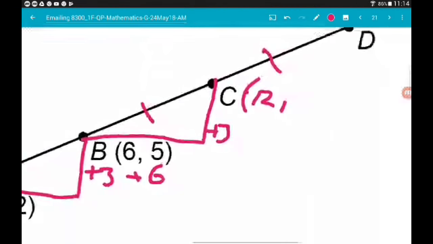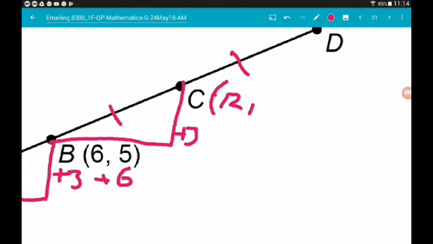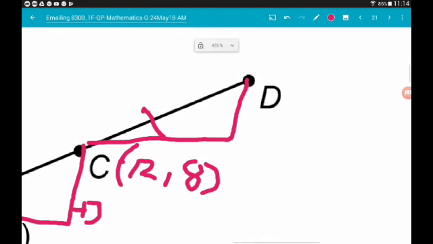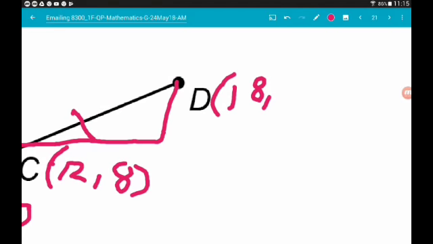So we're going to have a y-coordinate of 8 at point C, and then to get from C to D, we do exactly the same again. So 12 add 6 is 18. 8 add 3 is 11. So our answer is 18, 11.